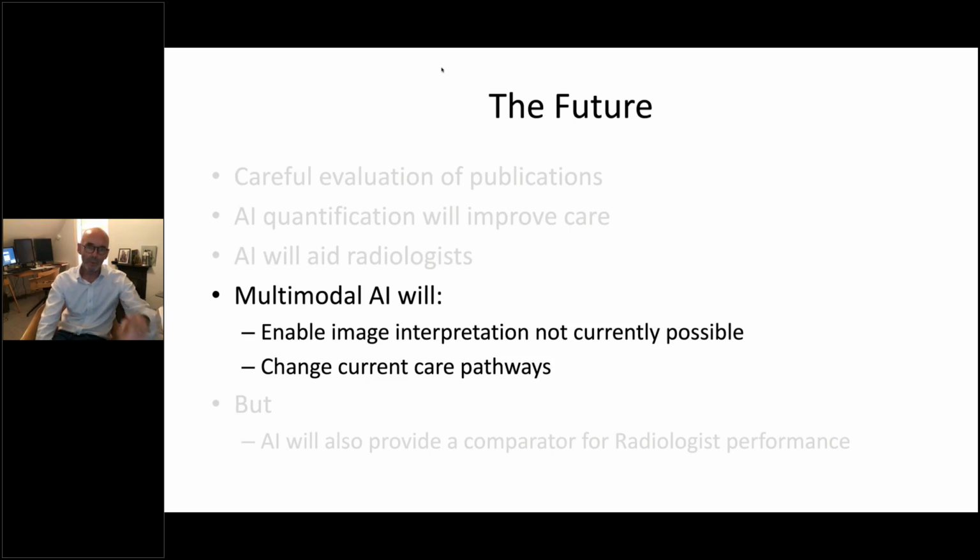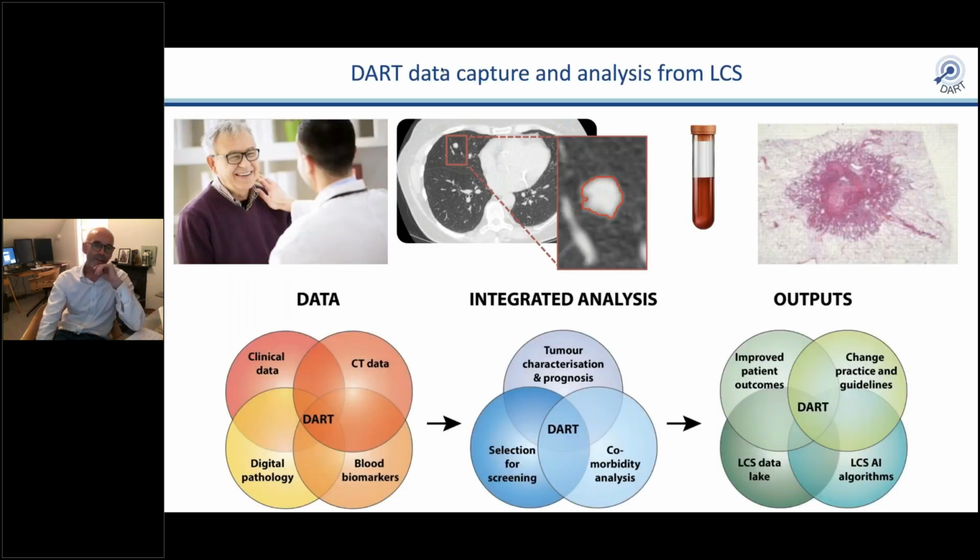So we were fortunate enough to get a grant from Innovate UK and CR UK, looking at integrating data analysis for early diagnosis in lung cancer with lung cancer screening. And this is the sort of generalizable slide that shows all the clinical data, the CT data, the DigiPath data, the blood biomarkers will all be integrated to produce changes in tumor characterization, prognosis, comorbidity, etc., for improved patient outcome.